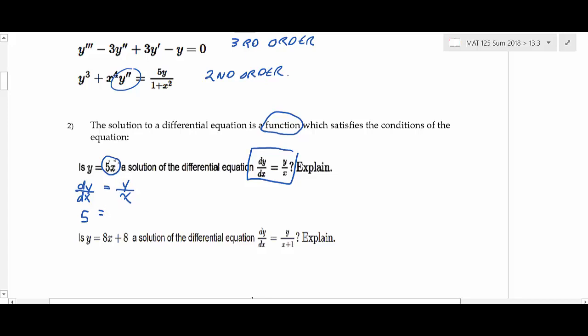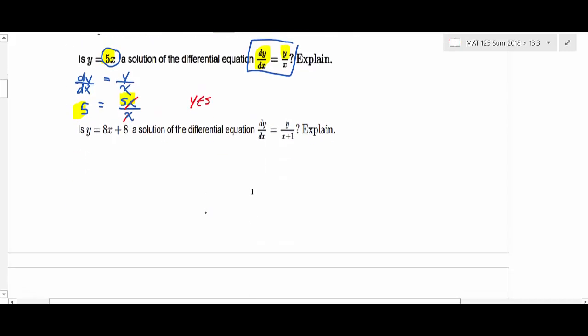Well, y is 5x, and then I'm going to just leave the x there. So I did the derivative and got 5, and then y was just 5x, so I plugged that in. Now let's see, is that a solution? Yeah, that cancels out. So yes, that is a solution to that differential equation. Okay, so that's how that works.